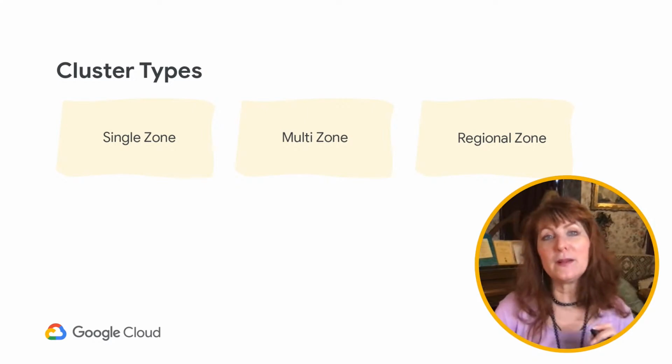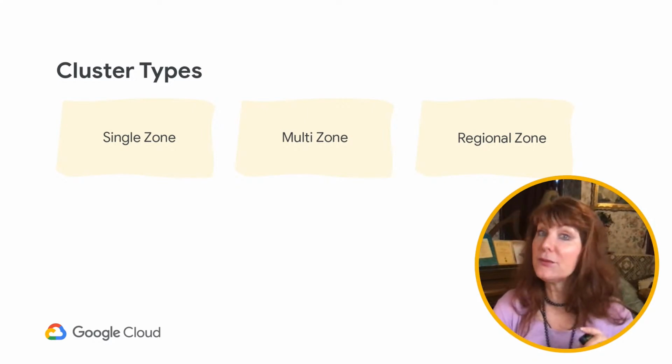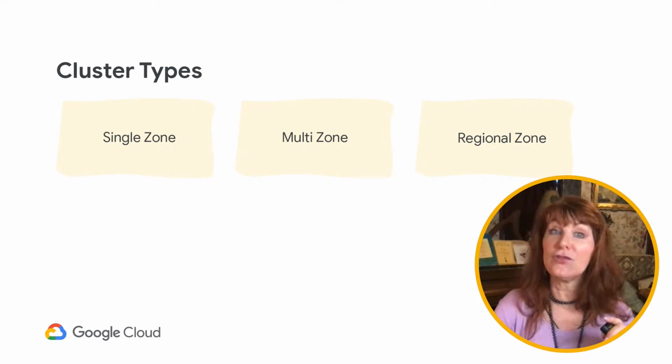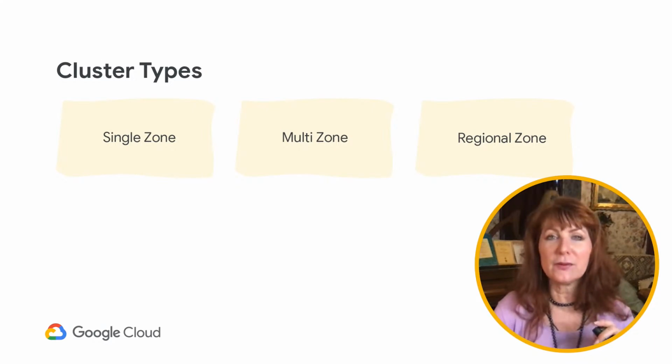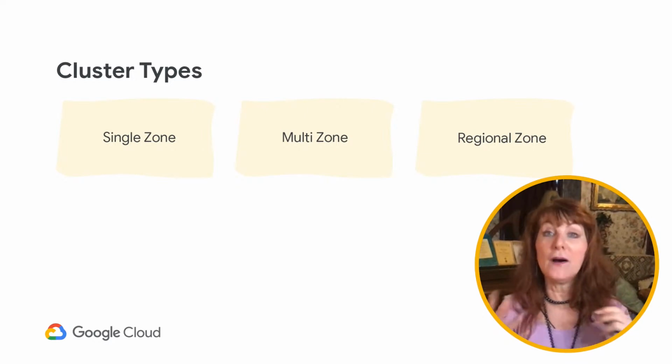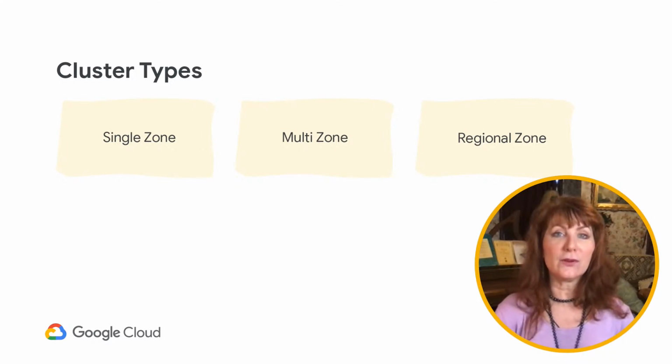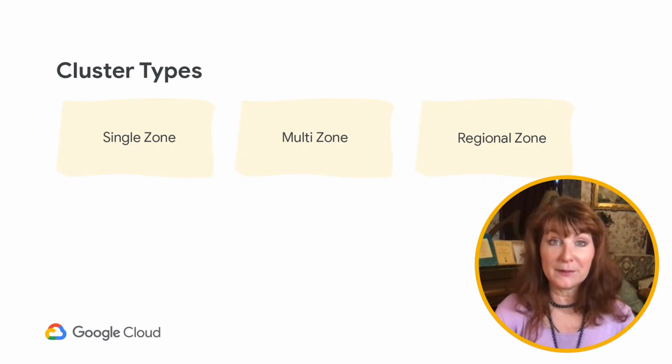If you want to maintain availability, and the number of your nodes and node pools is going to change frequently, you might want to consider using a regional cluster instead. Now, a regional cluster has multiple replicas of the control plane running in multiple zones within a given region. Now, that's great for high availability.